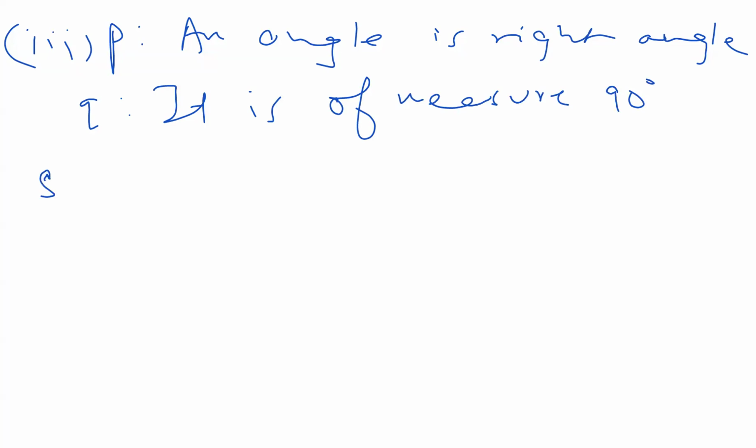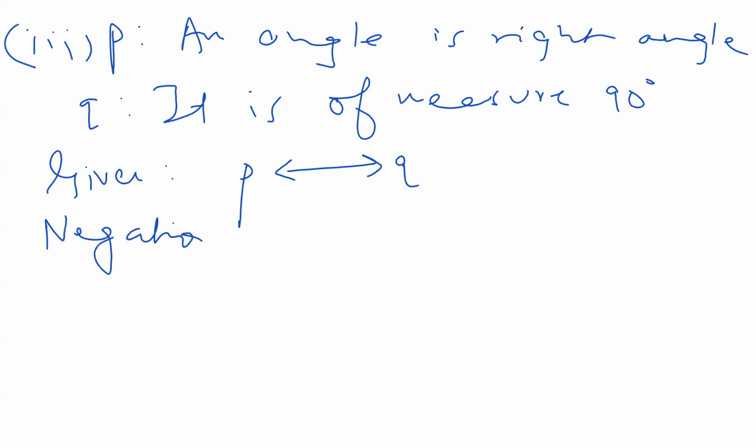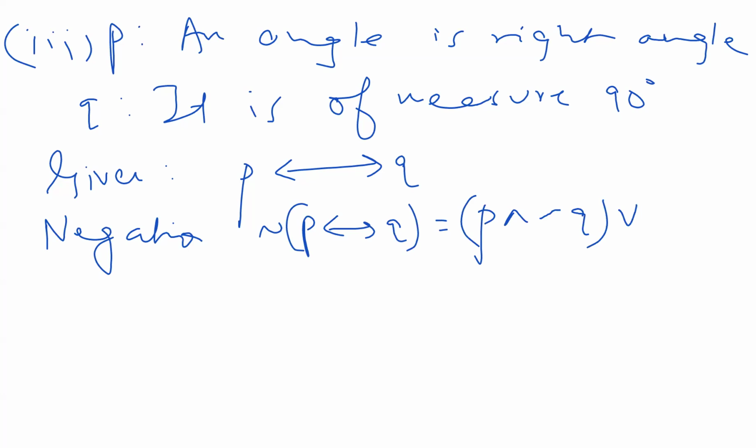First the symbolic form. Logical connective is if and only if. Negation of double implication: P and negation Q, or negation P and Q.